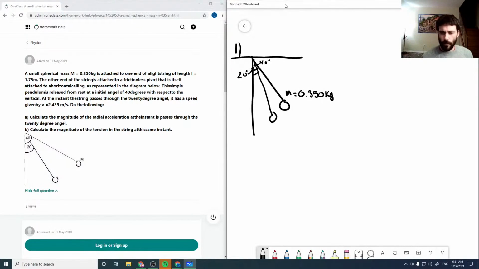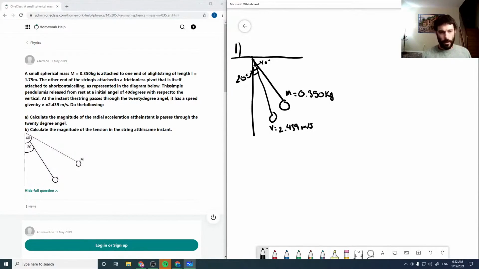Maybe I'll do that, just to make it a bit more obvious. At that instant, the speed is 2.439 meters per second.